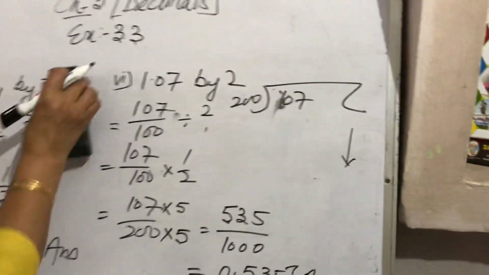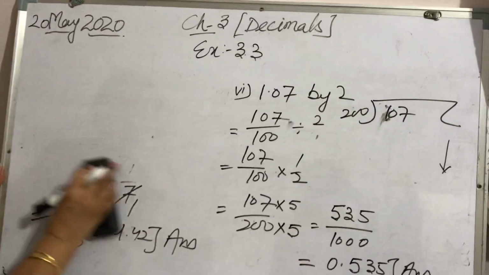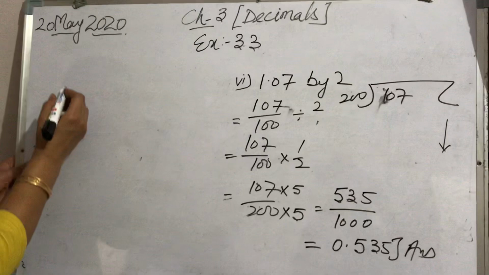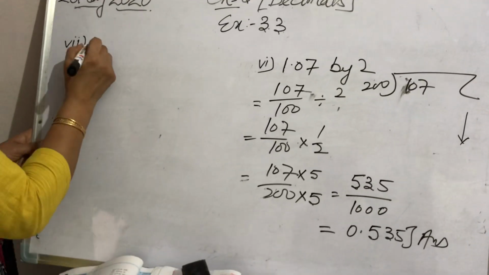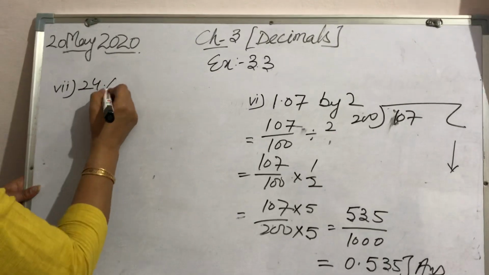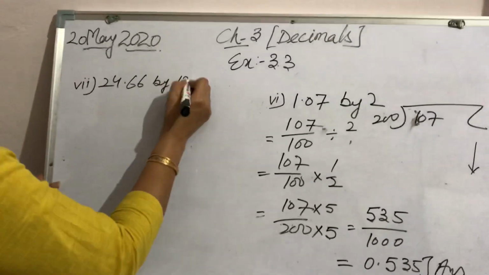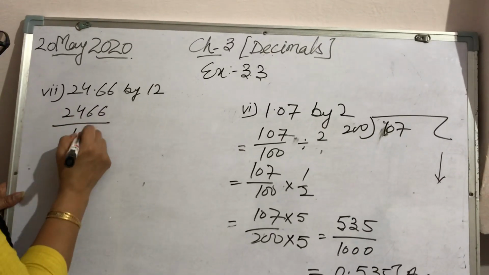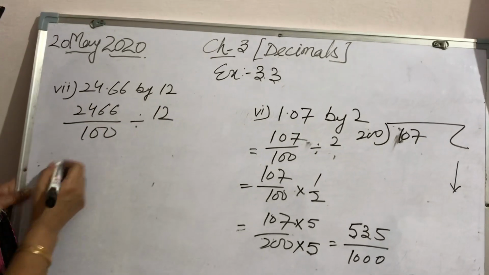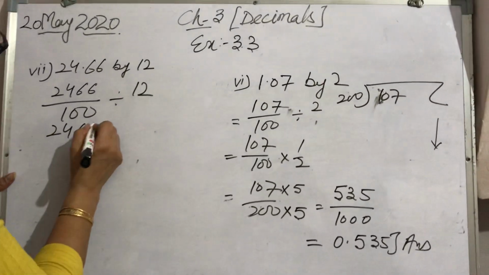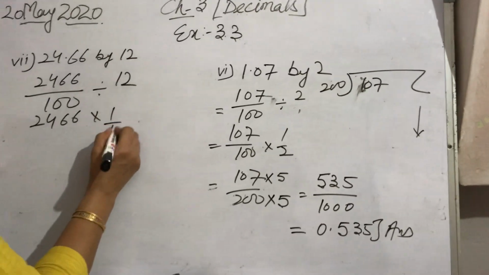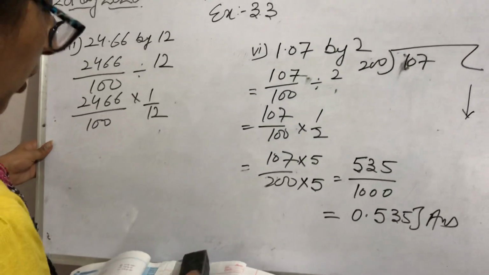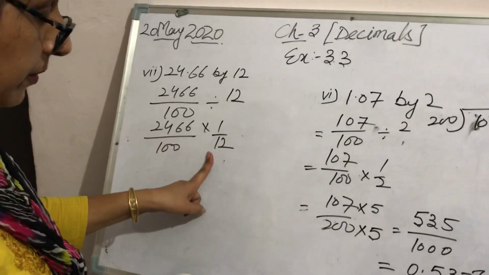So next, seventh part of the same question. Seventh part is 24.66 by 12. So in the first step we'll remove the decimal, divided by 12. 2466 multiply 1 by 12 upon 100. Again, it is not perfectly divisible by 12.